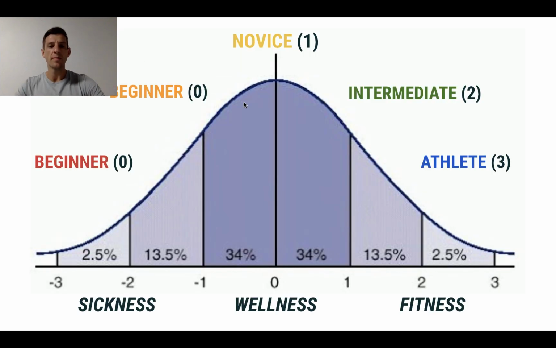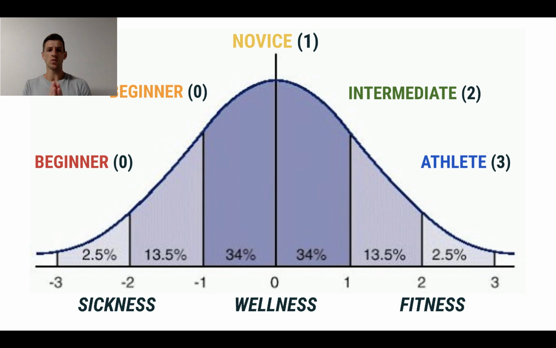So remember, on the health continuum, novice would represent the healthy you, and we give that a score of 1. So in fact, if we did a test with you, we did a DEXA scan, we did a strength test and a power test, we did all the tests, got all the information, you would basically get a score. If you were healthy, you get 1. If you are below healthy, so either deficient or even pathological, you would both be 0, right?